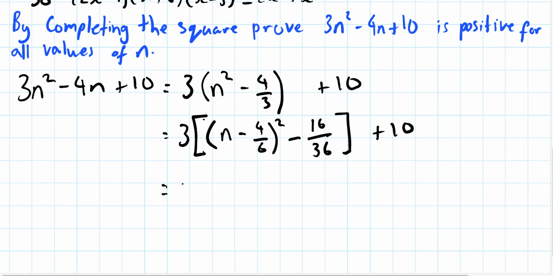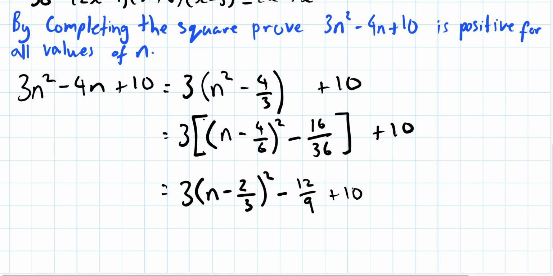That equals 3 times (n minus 4 over 6, which can be written as 2 over 3) squared, minus 3 times, I can cancel this down to 8 over 18, 4 over 9, 4 over 9 times that by 3, 12 over 9, plus 10.